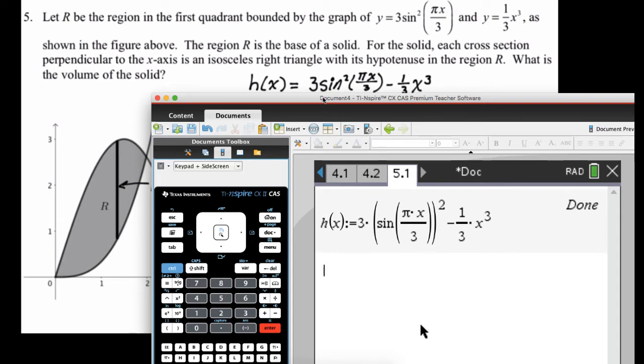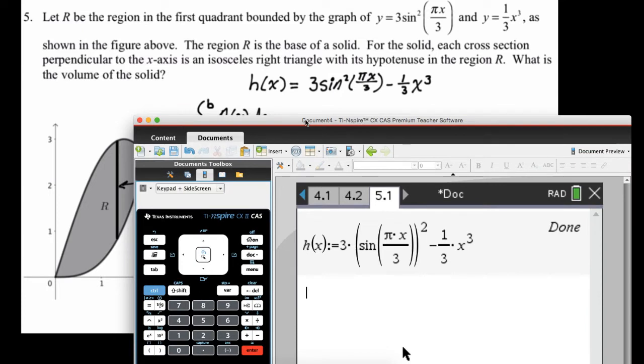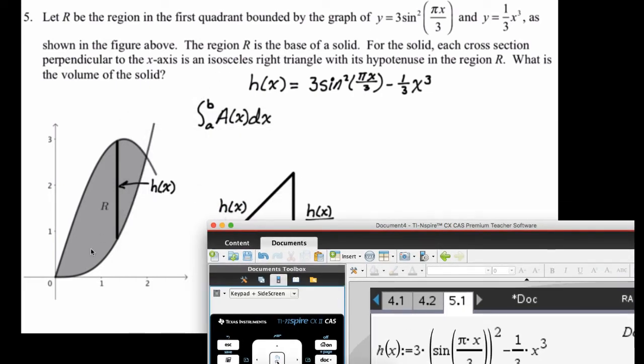Okay, that's what I was looking for. I need to know where these things are equal, which is equivalent to asking where h of x equals 0. I need to find this intersection point right here. And this one, but I'm pretty sure that's 0.